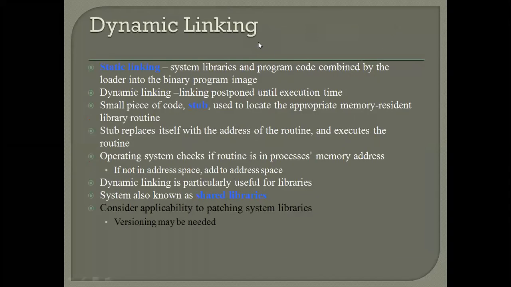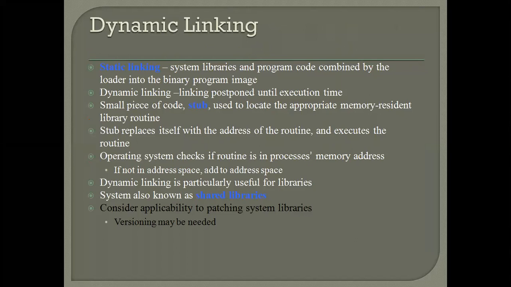Next is dynamic linking. We all know that shared libraries can be dynamically linked or statically linked. In a static link, the system libraries and program code are combined by the loader into the binary program image. And in dynamic linking, the linking is postponed until execution time.